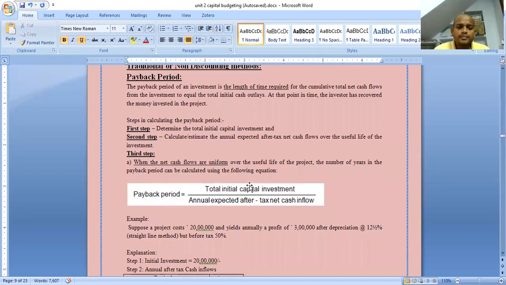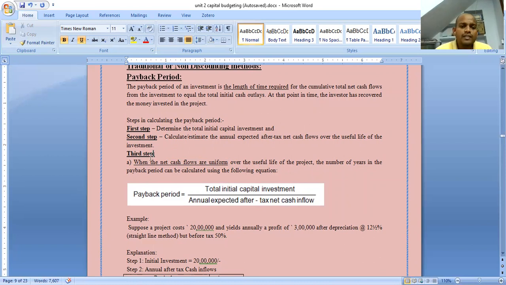And third step, when the net cash flows are uniform. From the third step, it will be different. If the cash inflows are uniform in nature, the calculation will be different, and if cash flows are not uniform, the procedure is different.